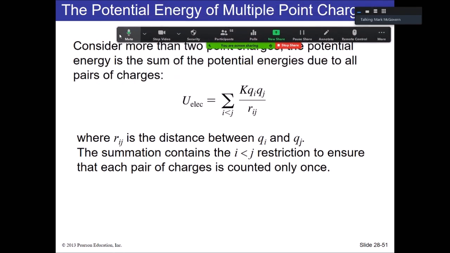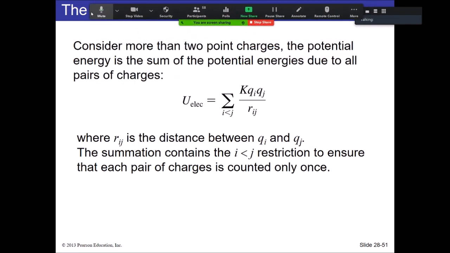Oh, here we go. What if you have a bunch of charges? Not just two. You have a bunch of point charges. Well, fortunately, superposition still applies, because conservative forces, that's a big part of it.